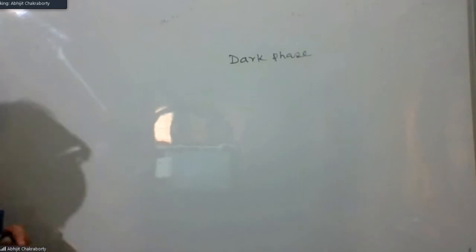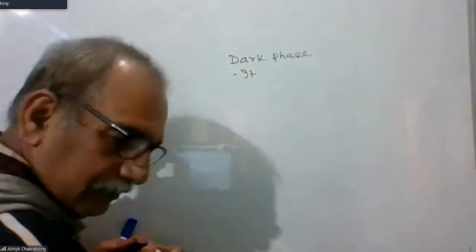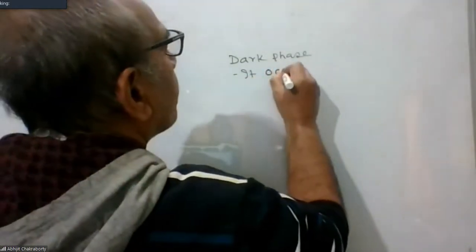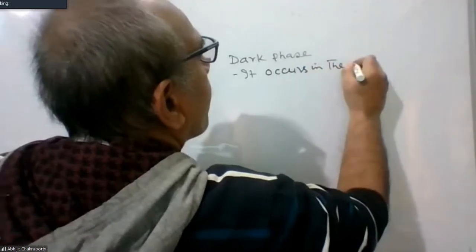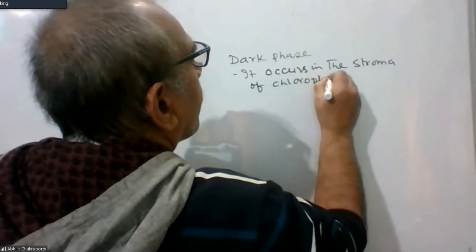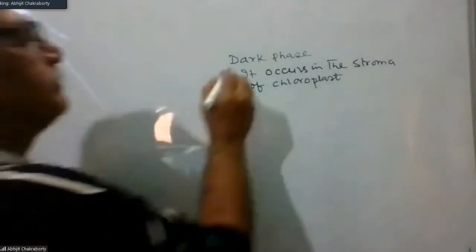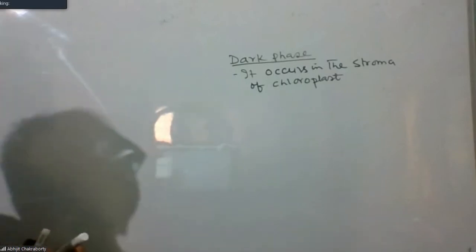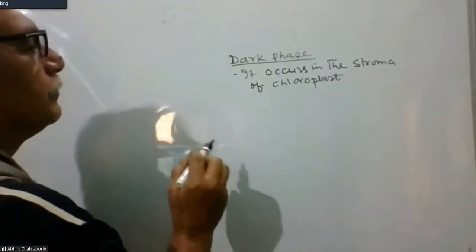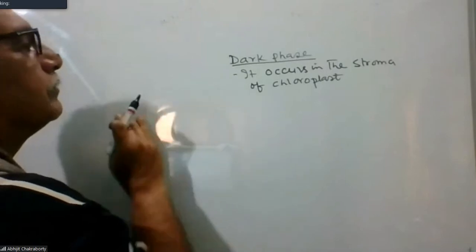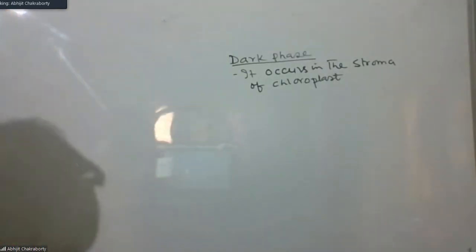The dark phase occurs in the stroma of the chloroplast. The dark phase is actually called the biosynthetic phase.